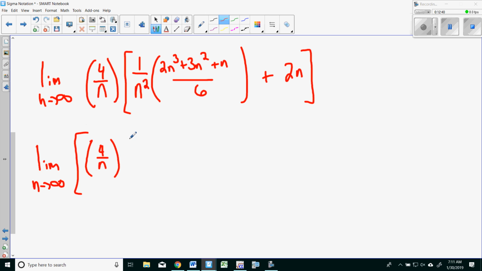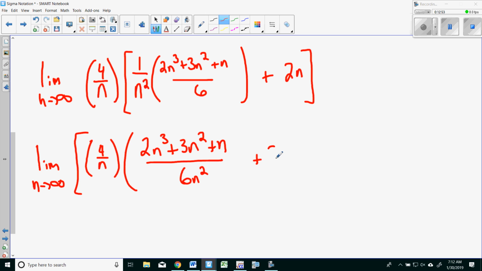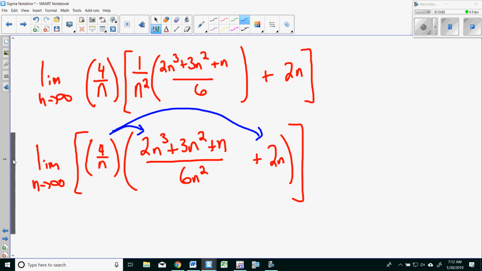And depending on how you do these, you may be able to combine these quicker. If you're seeing how these are going to end up here, over n over 6n squared plus 2n. And then my next step is going to be to distribute this 4 over n to both of these.